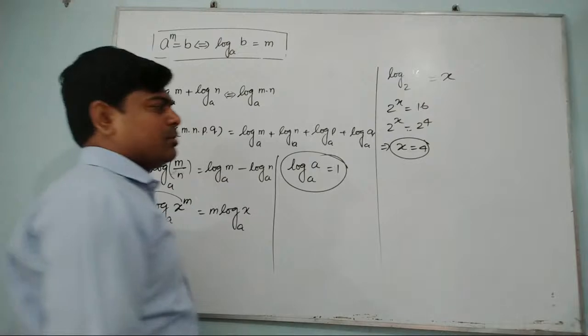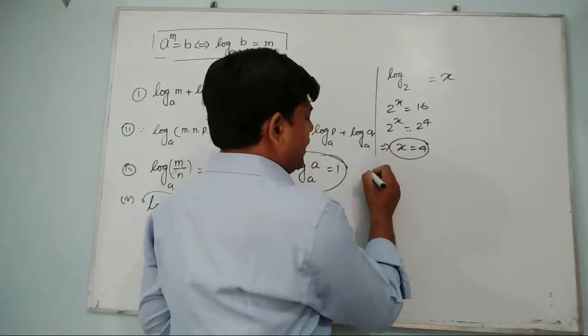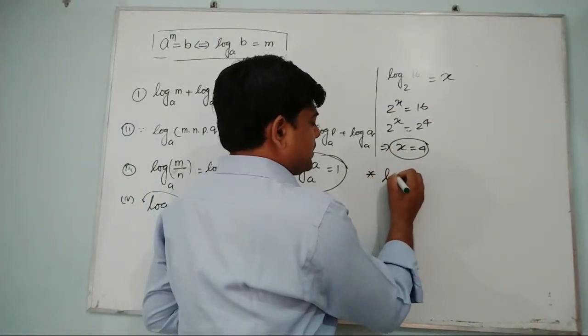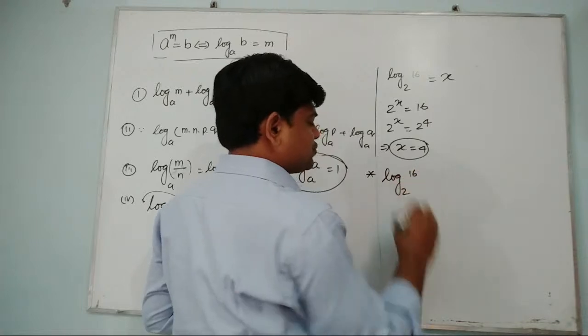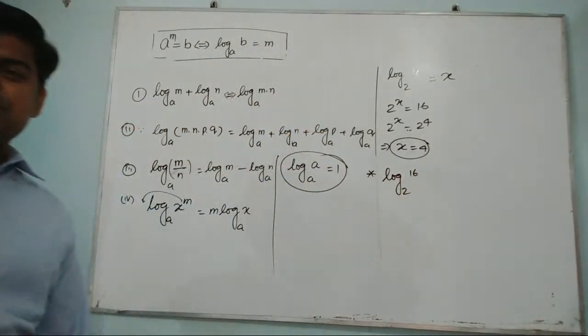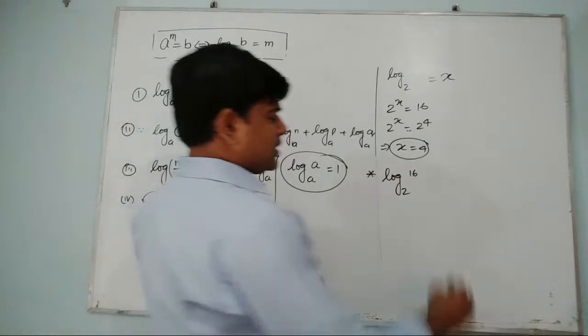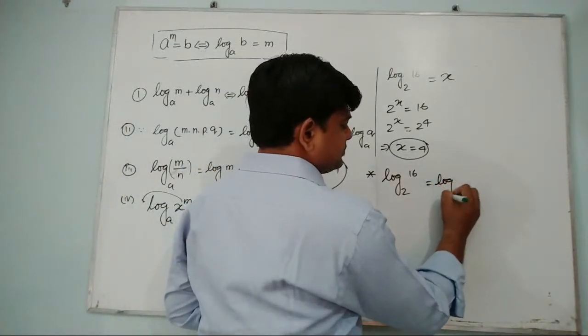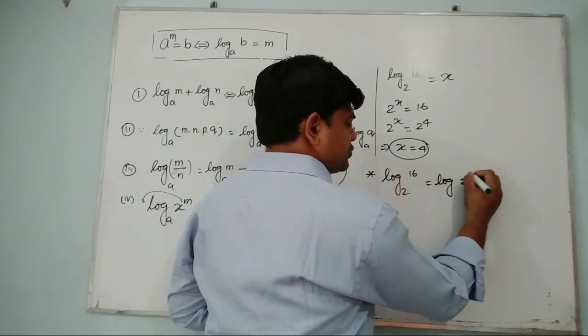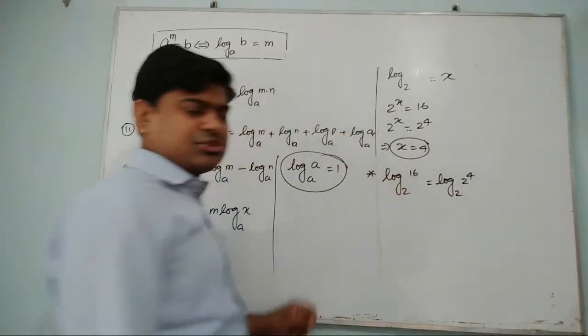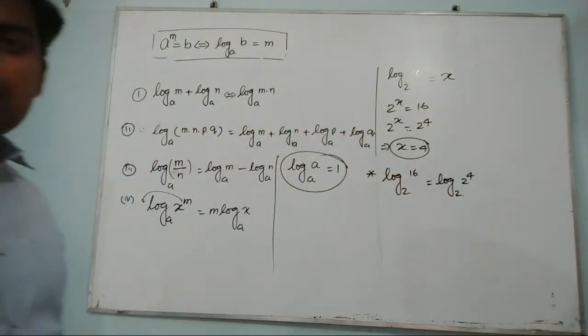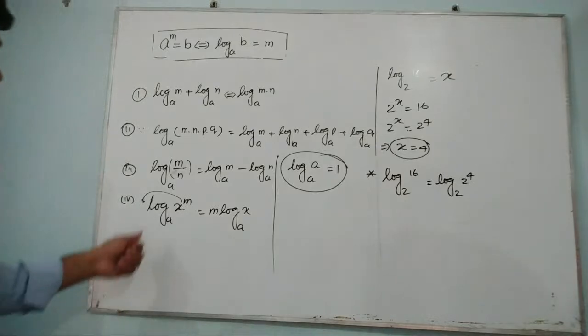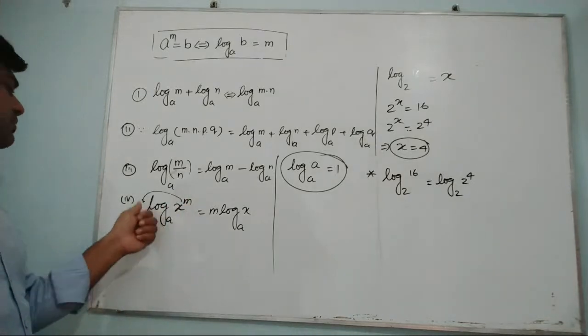Now tell me one thing. In another way, what should I write? I have log 16 base 2. 16 can be written as 2 to the power 4. The base is 2, right? We have a formula that the power will come to this side.